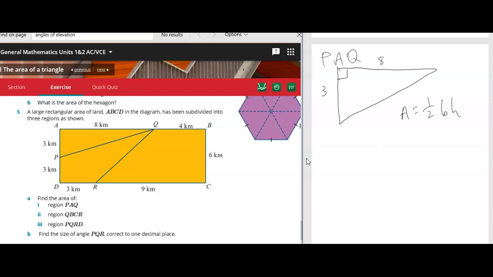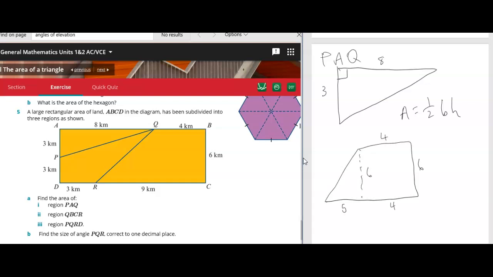For QBCR, let's have a look. So this time we've got that sort of shape, but we can draw a line down here and separate it. So that's going to be a rectangle, 4 times 6, and this one here is 6, and this distance here, so we've got 9 from C to R, and then 4 from B to Q. So this distance here is 5.